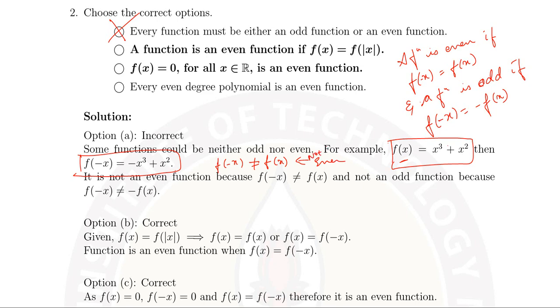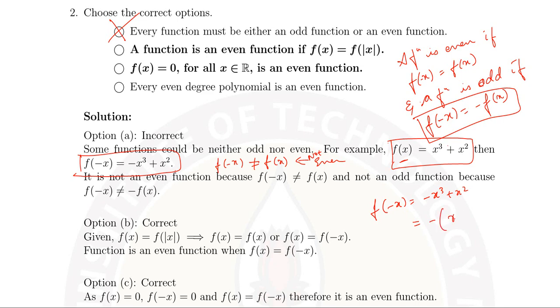Now let's see whether it is an odd function or not. For an odd function, what has to be satisfied? This condition, f of minus x is equal to minus f of x. But what do we see here? f of minus x is minus x cube plus x square. When I take out the minus sign from here, what do I get?